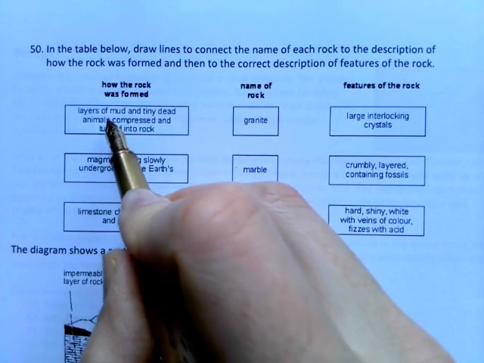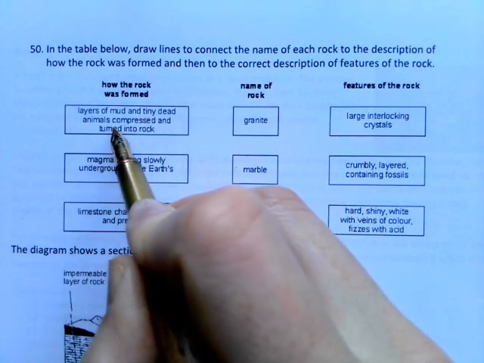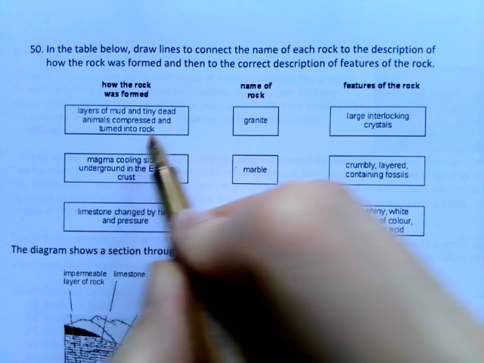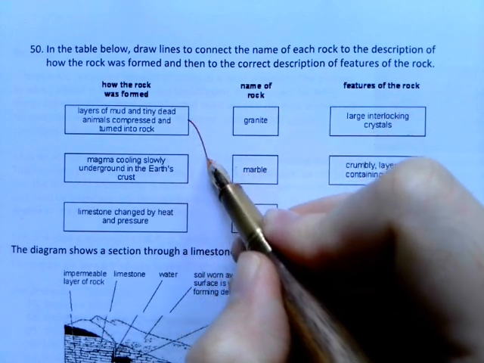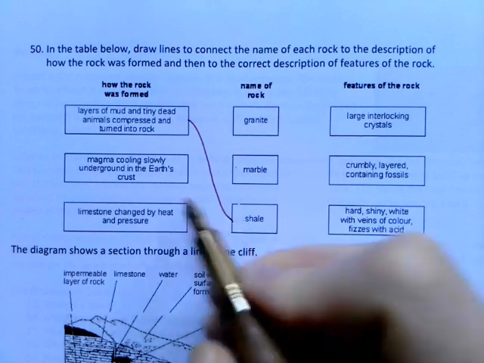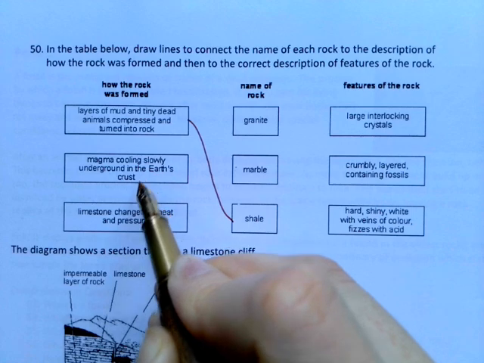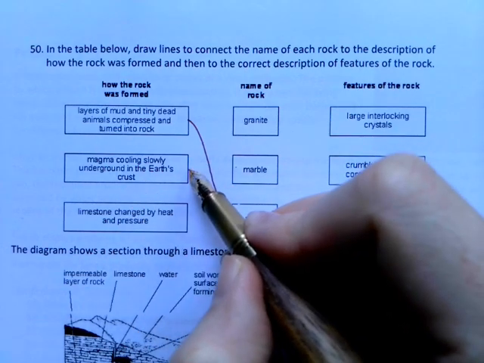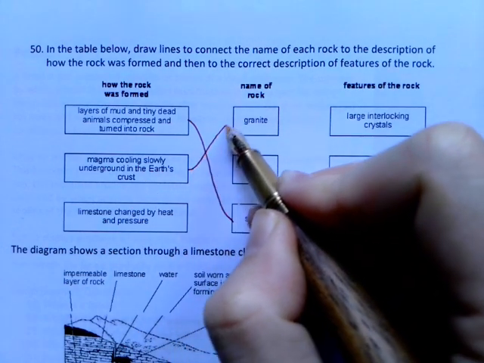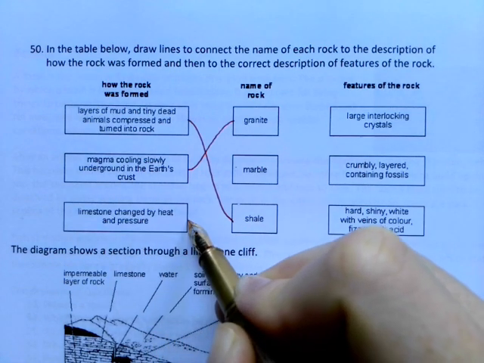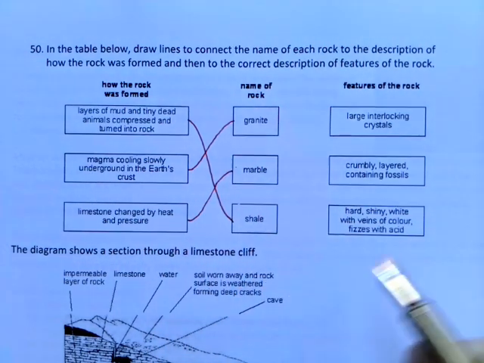Layers of mud and tiny dead animals compressed and turned into rock. That sounds like a sedimentary rock to me, and I know that shale is a sedimentary rock. Magma cooling slowly underground in the Earth's crust. That's going to be igneous rock, and our igneous rock is granite. And limestone changed by heat and pressure is metamorphic, and I know marble is a metamorphic rock.